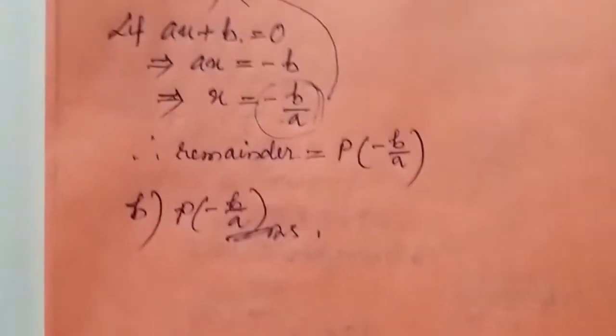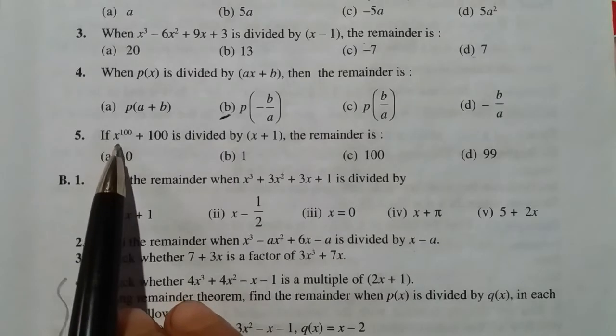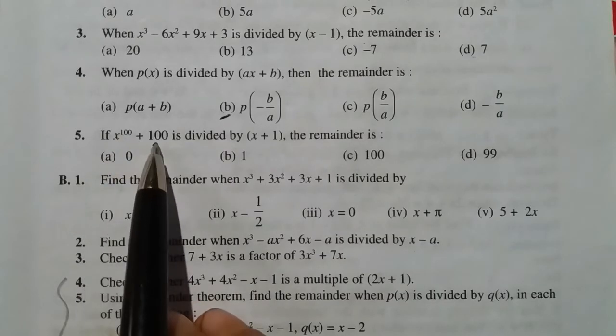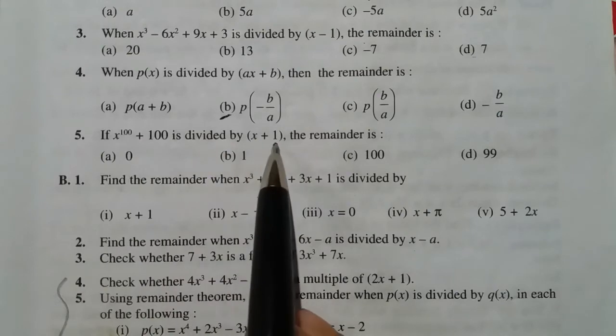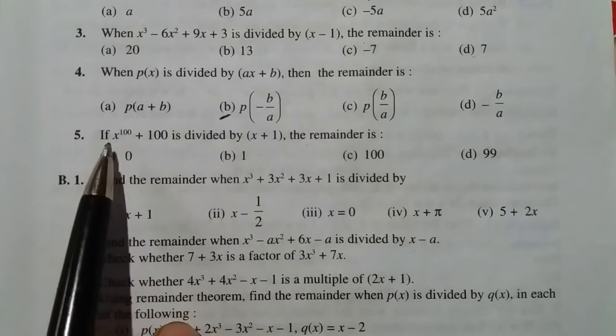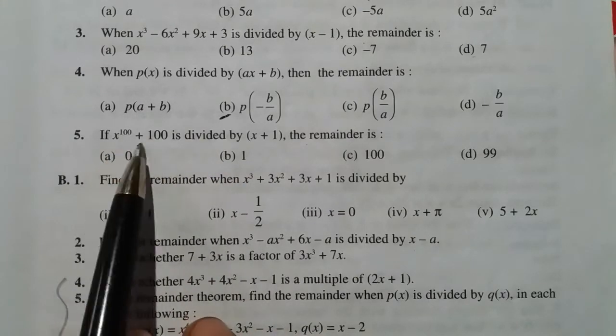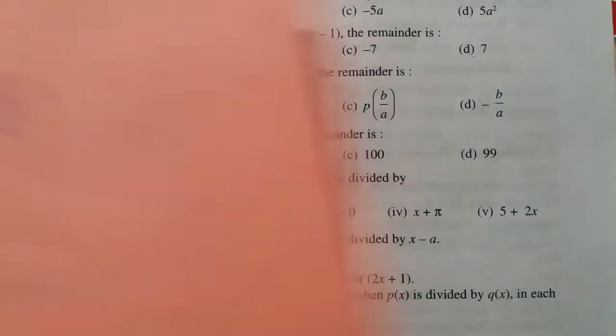Now let's see question number 5. If x to the power 100 plus 100 is divided by x plus 1, the remainder is, okay, so again the same thing we're going to repeat. The given polynomial here is x to the power 100 plus 100.